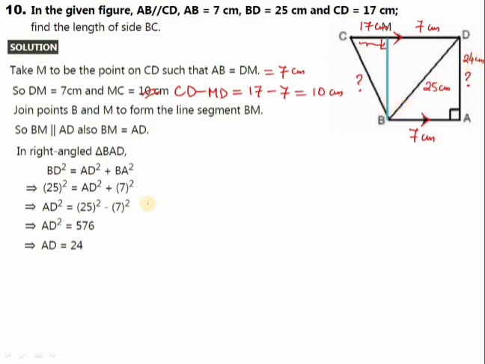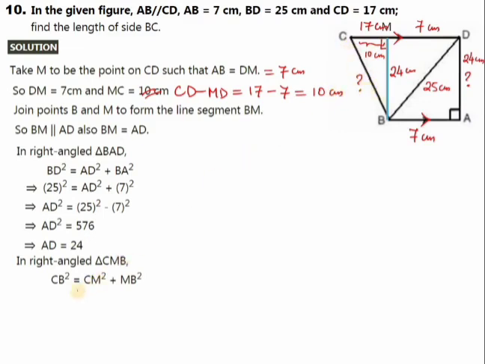Now if AD is 24 centimeter, then BM is also 24 centimeter, isn't it? And this is already 10 centimeter. Now you have to find BC, so you have to use triangle BMC. In triangle BMC, BC is the side opposite to 90 degree, so it becomes my hypotenuse.